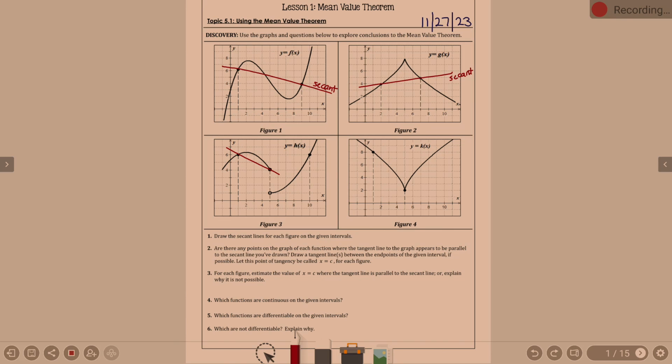And using that same center point, drawing from 5, 4 to 10, 6. I don't know that you have to necessarily label them secant, but it might be helpful.